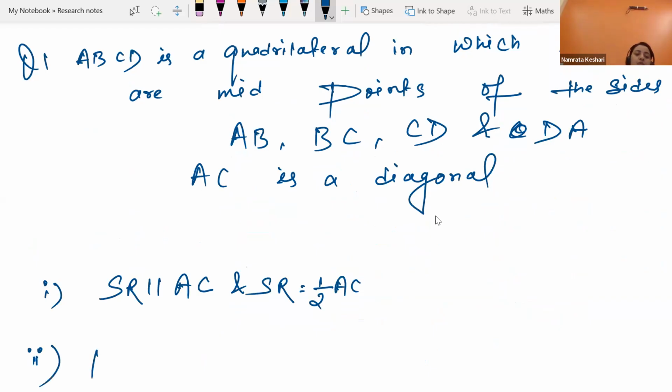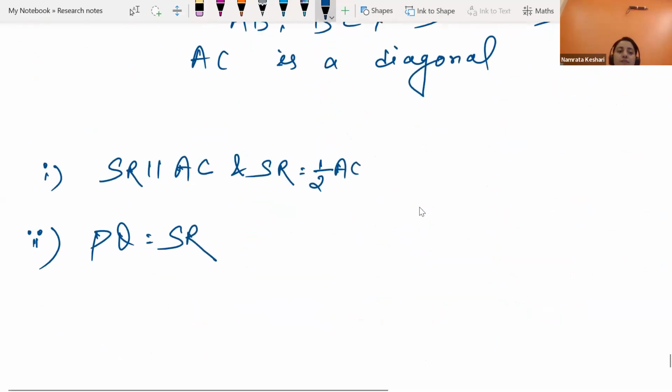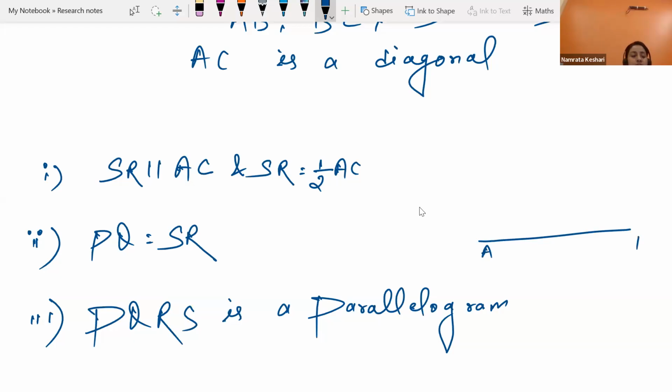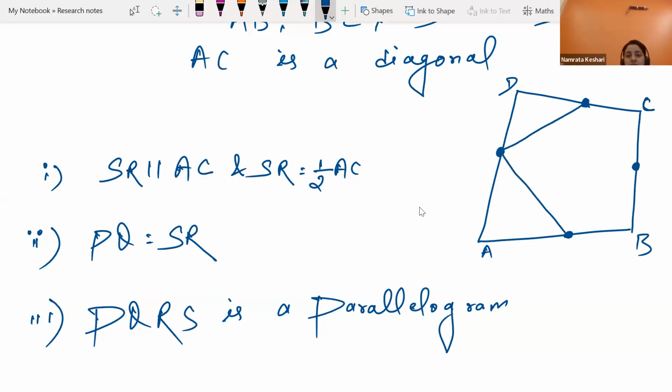Part 2: PQ is equal to SR. Part 3: PQRS is a parallelogram. Okay. P, Q, R, S.